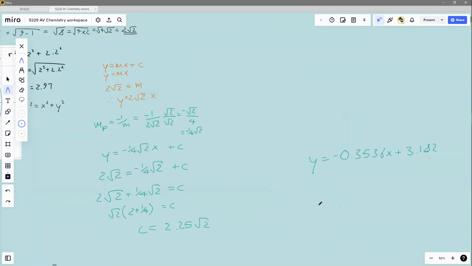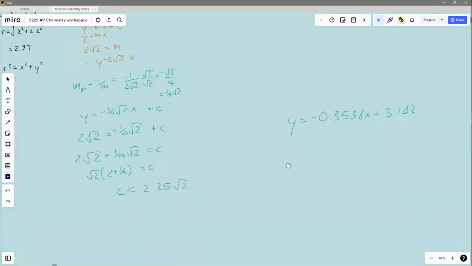Okay, so on these, I couldn't work out an easy way to do root symbols on the software that I'm going to demonstrate, but essentially we've got 1/4 root 2 multiplied by x plus, let's do 2.25 root 2. So that's the equation for the tangent.